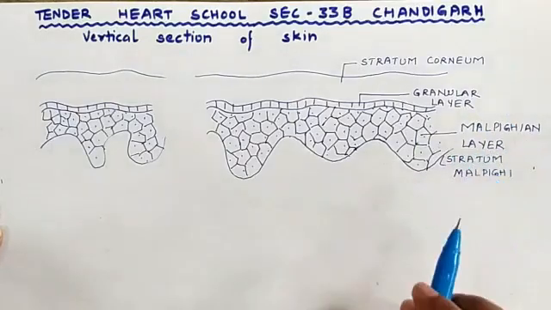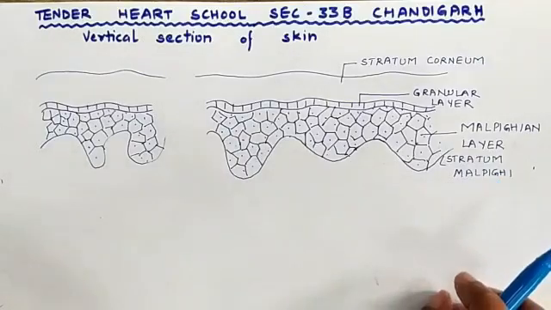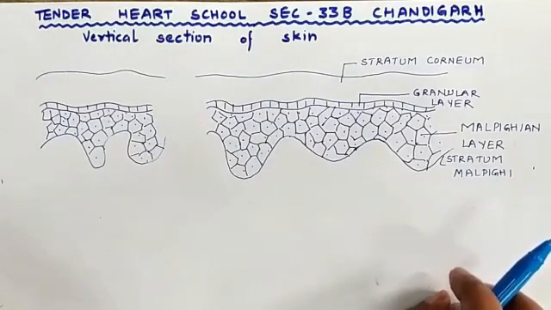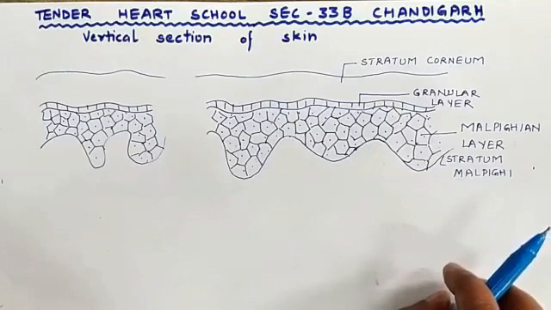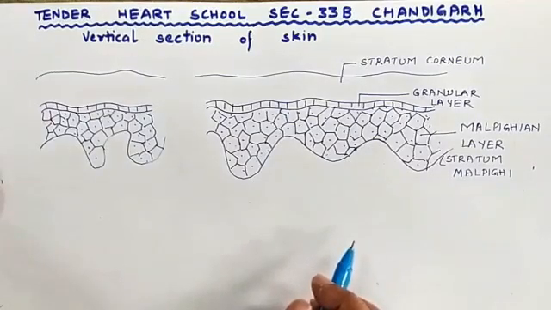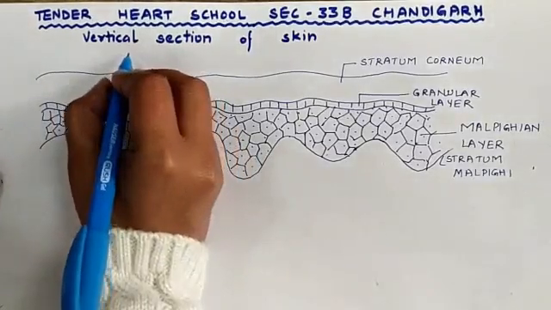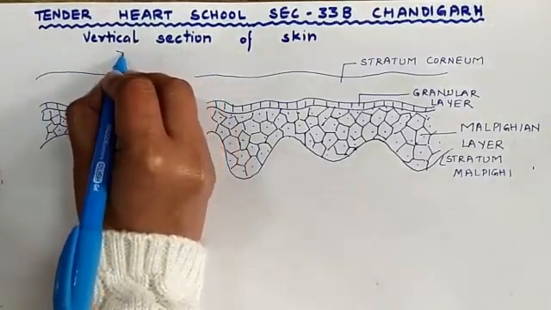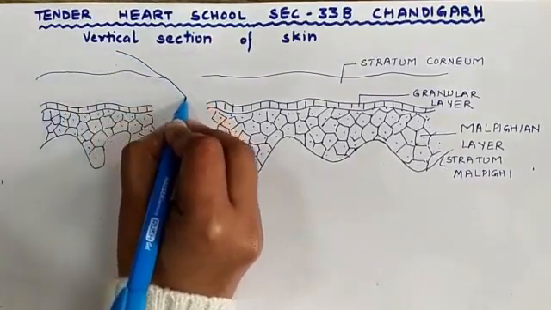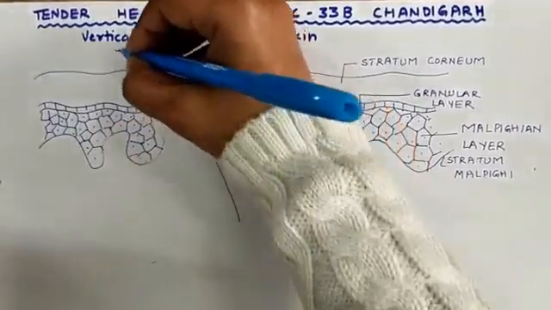Right? Okay, now let us start with the dermis. In the dermis, we have so many derivatives of the skin. We have various glands, we have hair, we have nail. So all these derivatives of the skin, a few of them we are going to draw. So let us start with the hair.